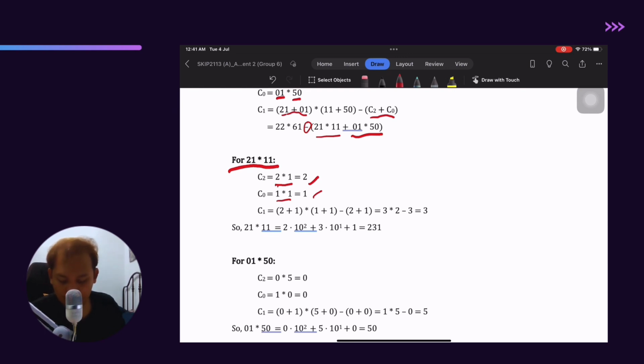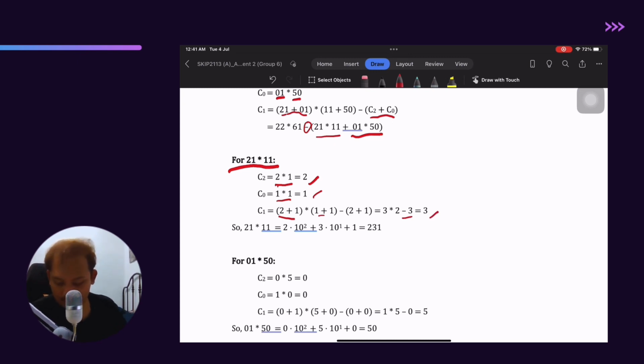Then for C1, repeat the step from the above method. 2 plus 1 from C2 and C0, we minus from 1 plus 1 times 2 plus 1, so we get 3 times 2, then minus 3, and we get 3.